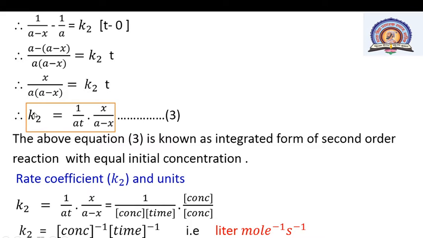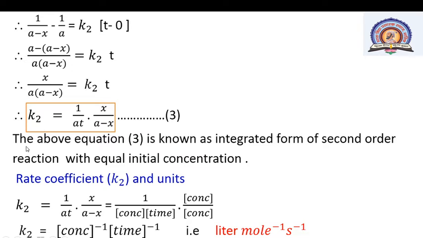Therefore k2, the rate constant, is equal to 1 upon a into t, into x upon (a minus x).